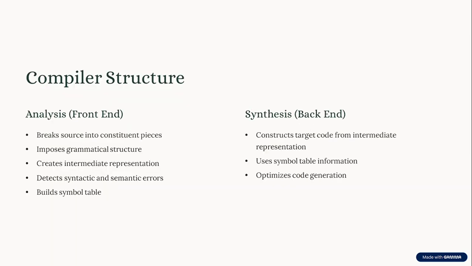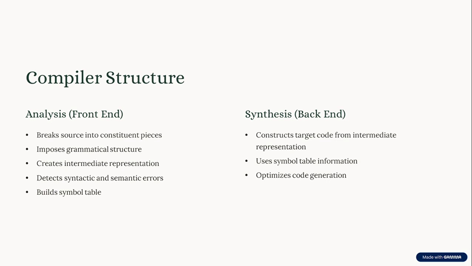The compiler structure. Here we are going to see a detailed form of the phases of a compiler. The compiler structure is divided into two: the analysis phase or the front end, and the synthesis phase or the back end. The analysis phase breaks the source program into constituent pieces, imposes a grammatical structure, creates an intermediate representation, detects syntactic and semantic errors, and builds a symbol table.